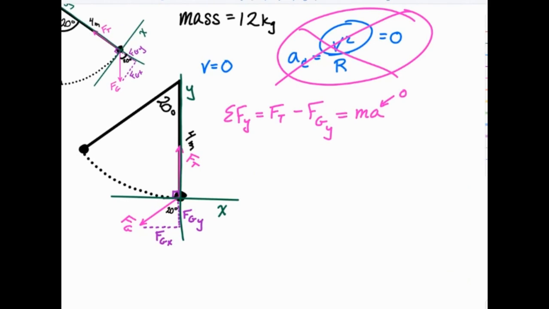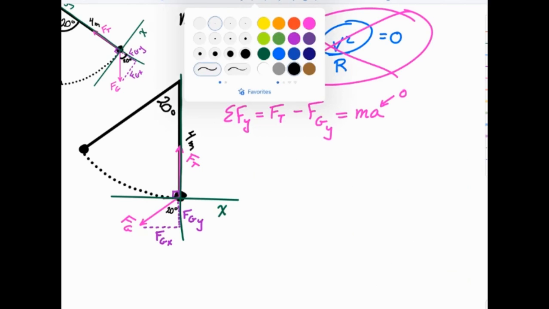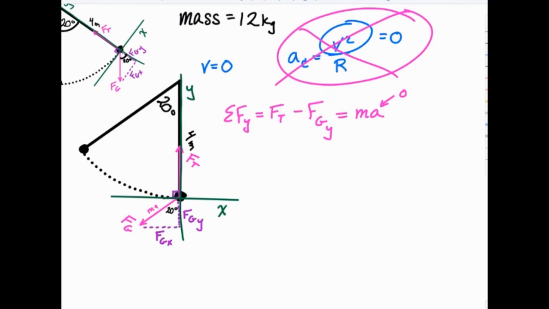So when I go to find FGY, FG is my hypotenuse, that's the pink one. Well, FG is just mg. So I know the hypotenuse, and I need to find the adjacent. So that means I'm going to do cosine.